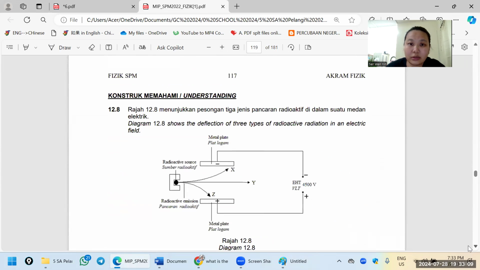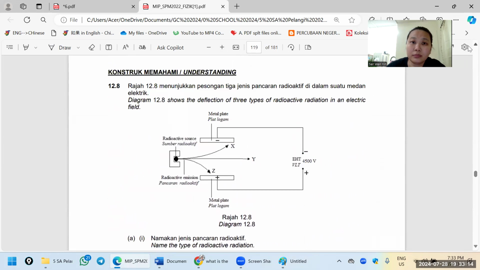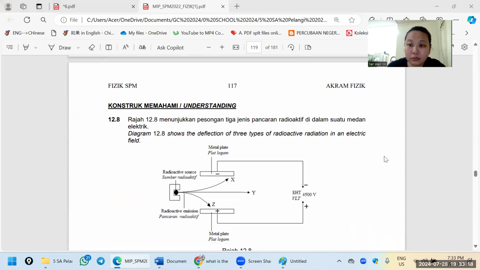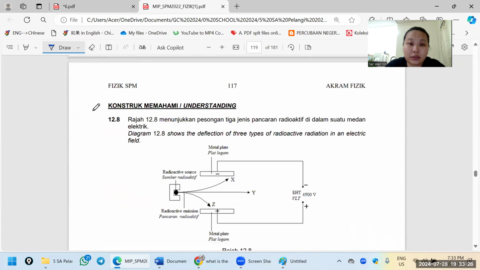Module intervention, page 117. Okay, recording already. Okay, everyone, please take out your module physics and module intervention.